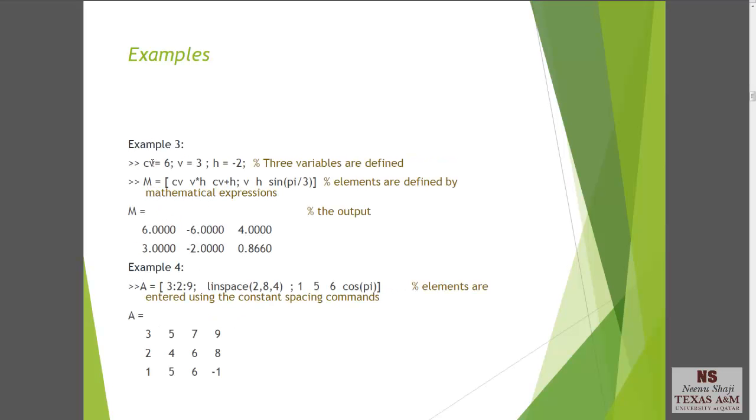We can also use variables which are predefined within the matrices, or we can use built-in functions as well, as in this case. CV is 6, V is 3, H is -2, and we are also using a trig function here.